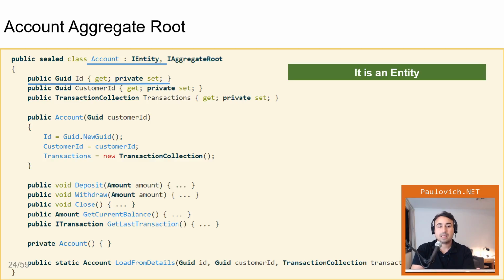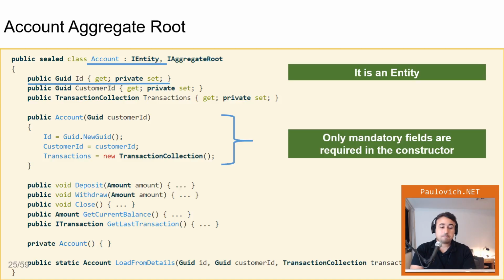So by being an entity, it requires an ID, and it also requires implementing the IEntity interface, right? In the constructor, I usually require the mandatory fields. So it's not possible to create an account without a customer ID. So I ask for the customer ID in the constructor. That's the basic.